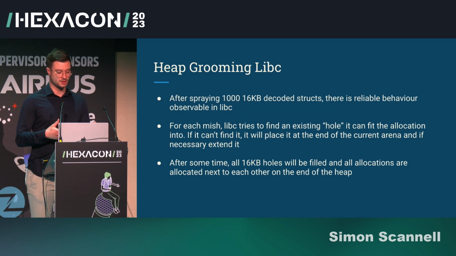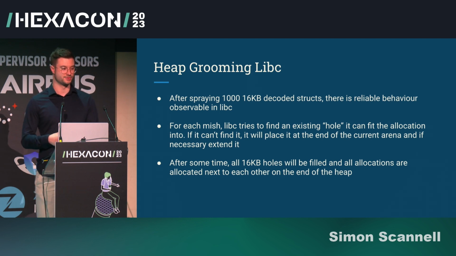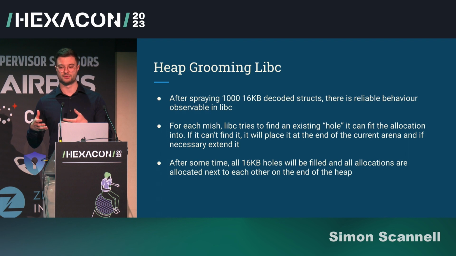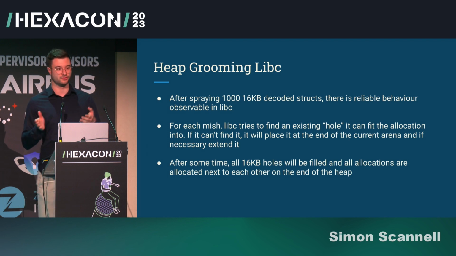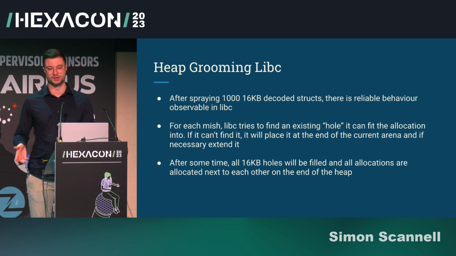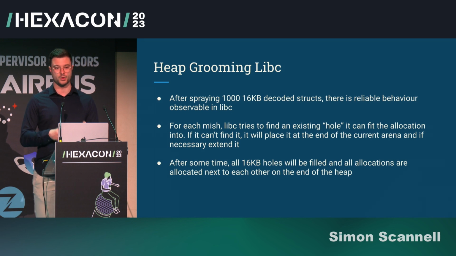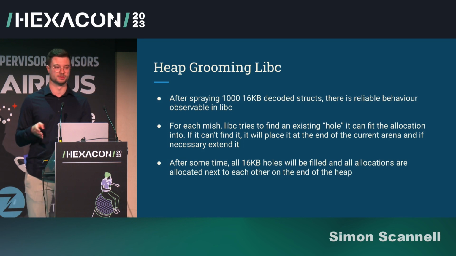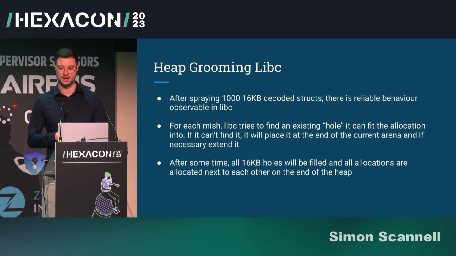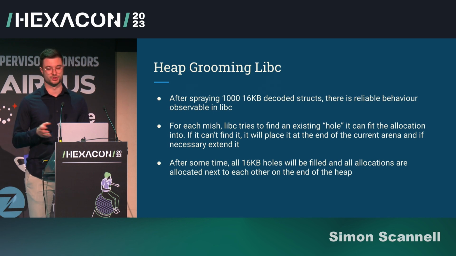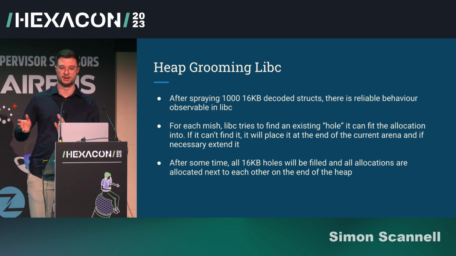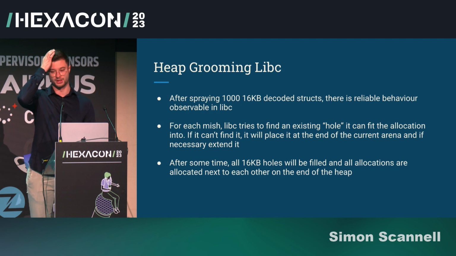Every time a chunk of 16 kilobytes is allocated, libc tries to find an existing hole, that is, a free chunk anywhere on the fragmented heap that could fit this allocation. It will prioritize either a best fit, which means an exact fit, or the smallest possible chunk that it can fit this into. If there's no chunk available, it will place it at the end of the current arena, and if necessary, extend the current arena.